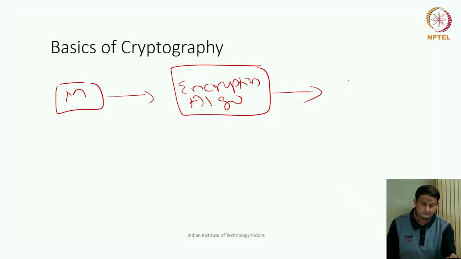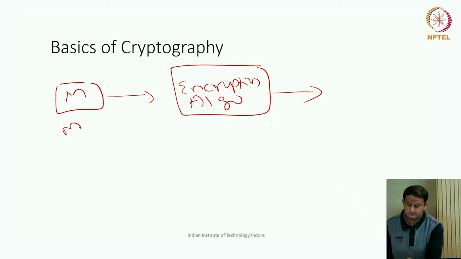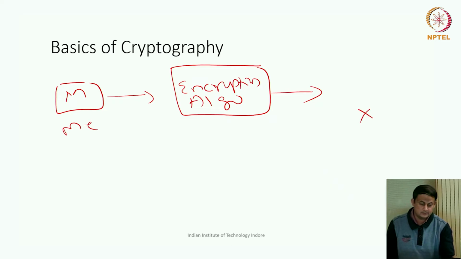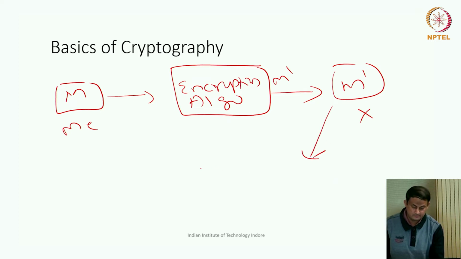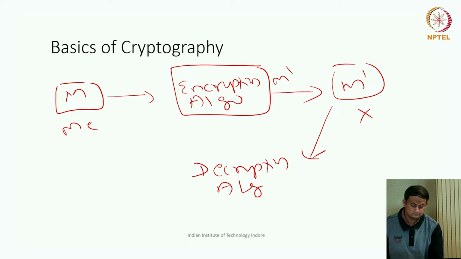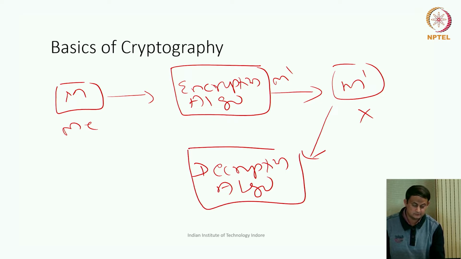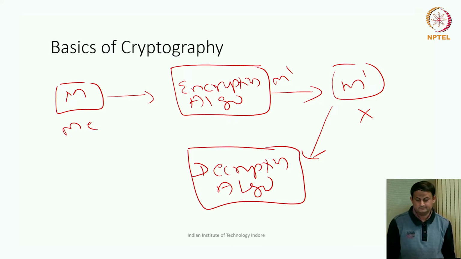X receives this message, let's call it M prime. M prime is taken as input and a companion operation happens. This is called the decryption algorithm.